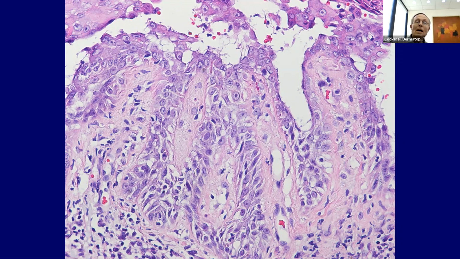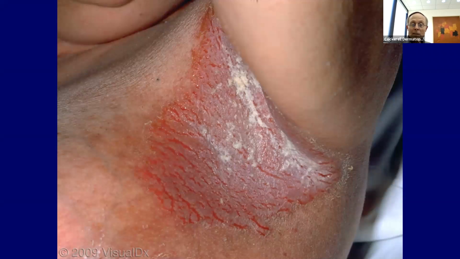But if they say, well, it looked like wet tissue paper in an area that's very macerated, under the arm, on the neck, the groin, well then, I don't care what it looks like histologically, that's just basically Hailey-Hailey with more acantholysis. But if I was just looking at this histologically alone, because it's got so much dyskeratosis, I would favor Darier's in that situation.